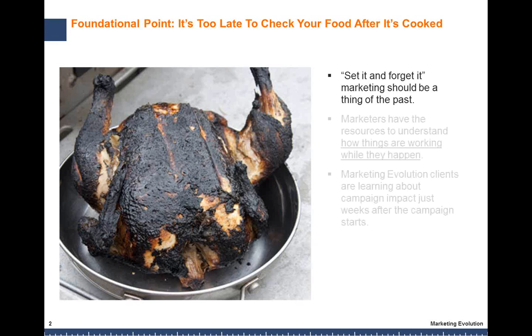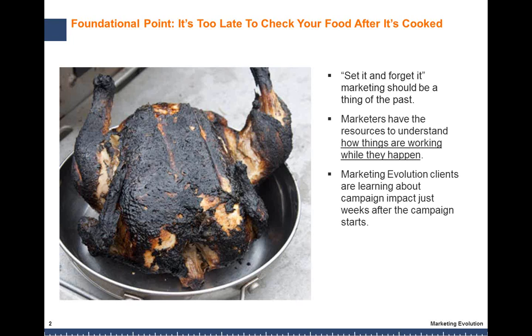And the reason is that marketers have the ability, the capability, the resources to be able to understand how things are working while they happen. I know there are a handful of Marketing Evolution clients on the phone. Marketing Evolution clients are learning about their early campaign results within 2 or 3 weeks after the campaign launches to be able to make those mid-course corrections.